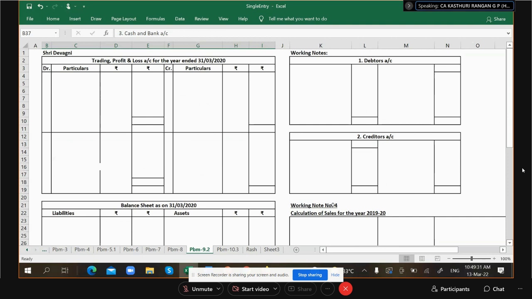So trading P&L account for the year ending 31/3/20, followed by balance sheet, followed by working notes. At least open 3 working notes now. Debtors account, creditors account, cash and bank account. 1, 2, 3. Then as and when required, we'll prepare working note number 4 for sales and later on for purchases.